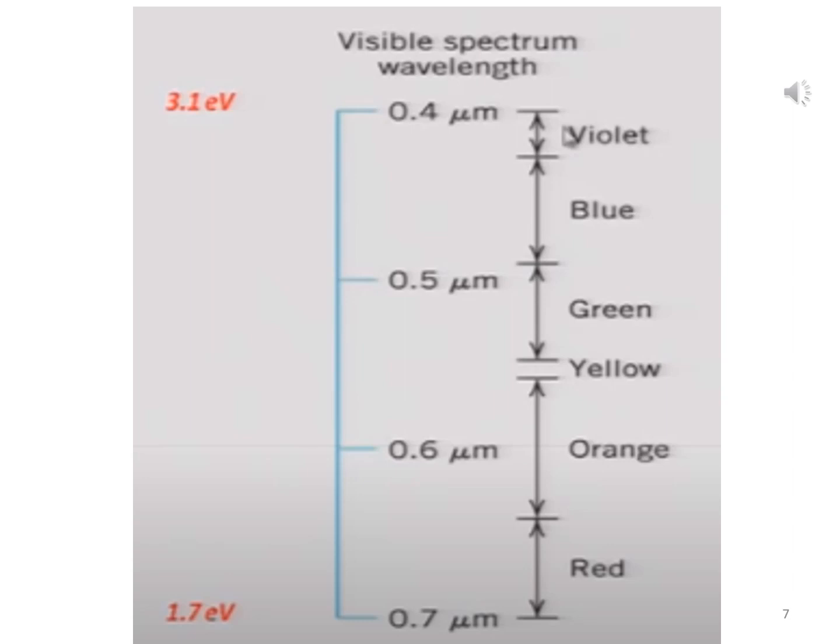So this is the visible region, and on this side you have the ultraviolet. If you go lower than 0.4 micron, then you go to UV radiation. And if you go to higher wavelengths, above 0.7 micron, then you go to infrared radiation, and you cannot see the colors.